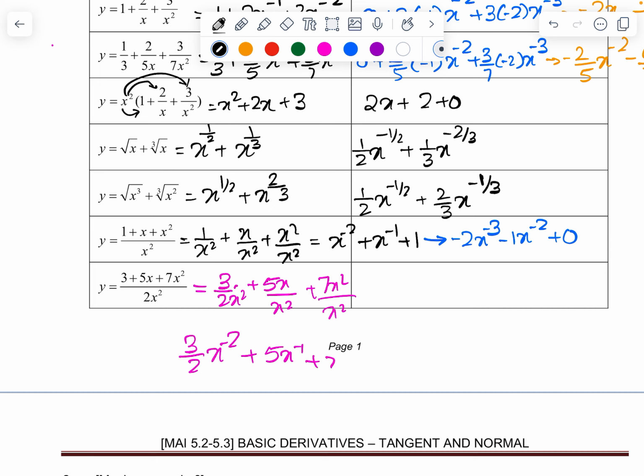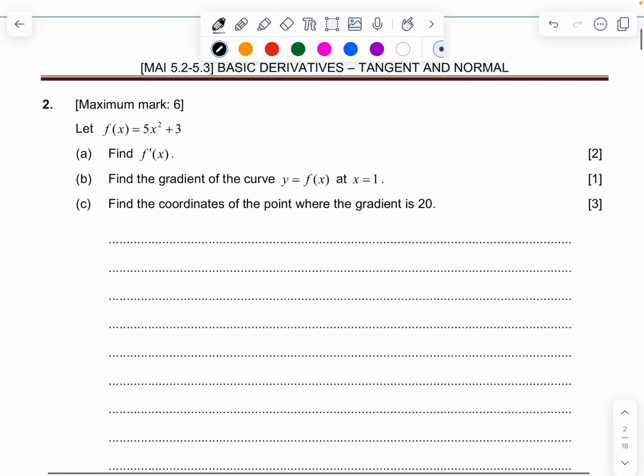So its derivative is going to be 3 upon 2, minus 2 comes front, x power minus 3, plus 5 times negative 1 x power negative 2, plus 0. So for the final answer, the 2 gets cancelled: negative 3x power negative 3, negative 5x power negative 2. That's going to be the final answer.